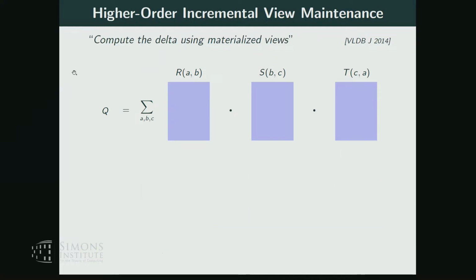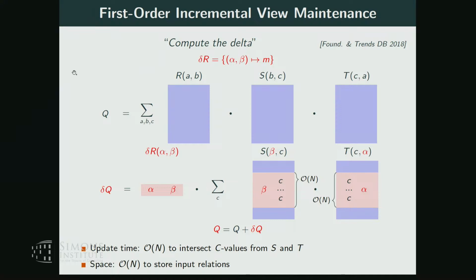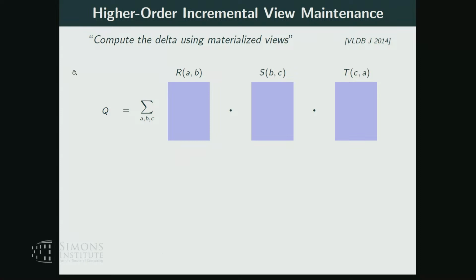This is sometimes called first order incremental maintenance, because it is expressed at the level of the query: you express the computation of the change using another query, a first order query. This was introduced to contrast it with the so-called higher order incremental view maintenance, proposed by Christoph Koch in his DBToaster system.